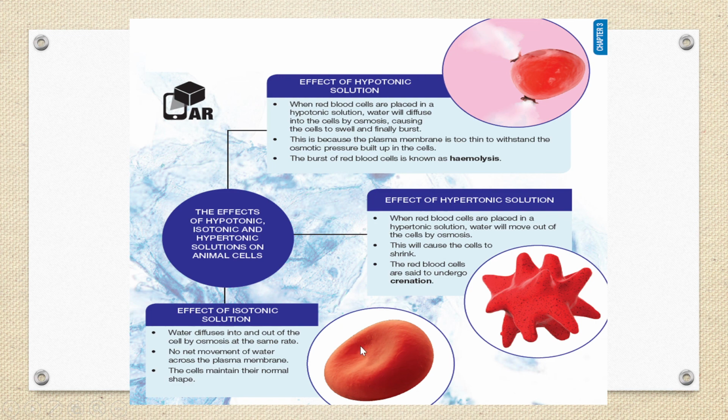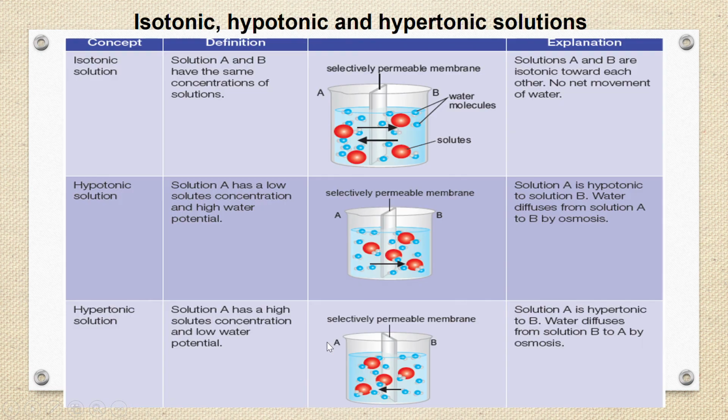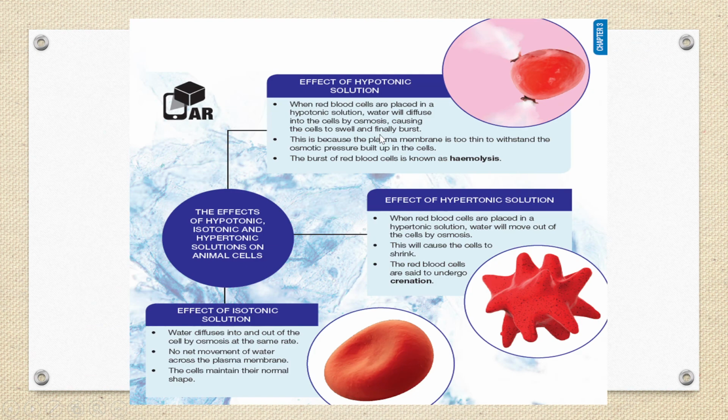So very obvious, there's no net movement of water, which means water will diffuse into the cell and out of the cell by osmosis at the same rate, which means they have achieved dynamic equilibrium. So you see the arrows here, in and out, the water molecules at the same rate. No net movement of water across the plasma membrane. Therefore, the observation: the cells maintain their normal shape.